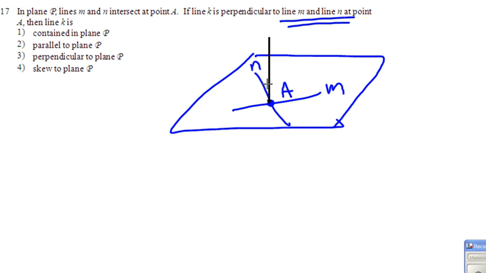This one is trying to be the 3D picture a little bit, but now we will realize that this must be perpendicular to M and also N. In fact, it will be perpendicular to the whole plane, so we'll end up getting choice 3 to be our answer.